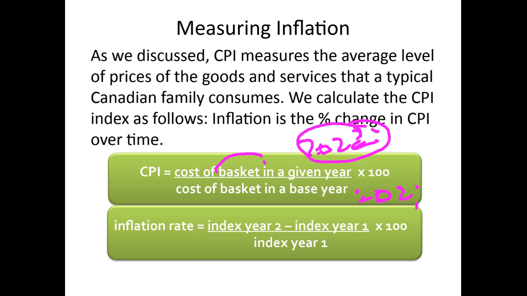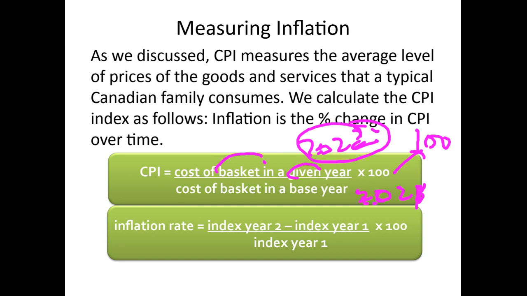If you want to calculate consumer price index for 2021, that is the base year, you don't have to calculate it. Remember that the consumer price index for a base year is always 100, because the cost of the basket in the base year divided by the cost of the basket in the base year means 1 times 100. So base year CPI is always 100, and then you can calculate for the later years.